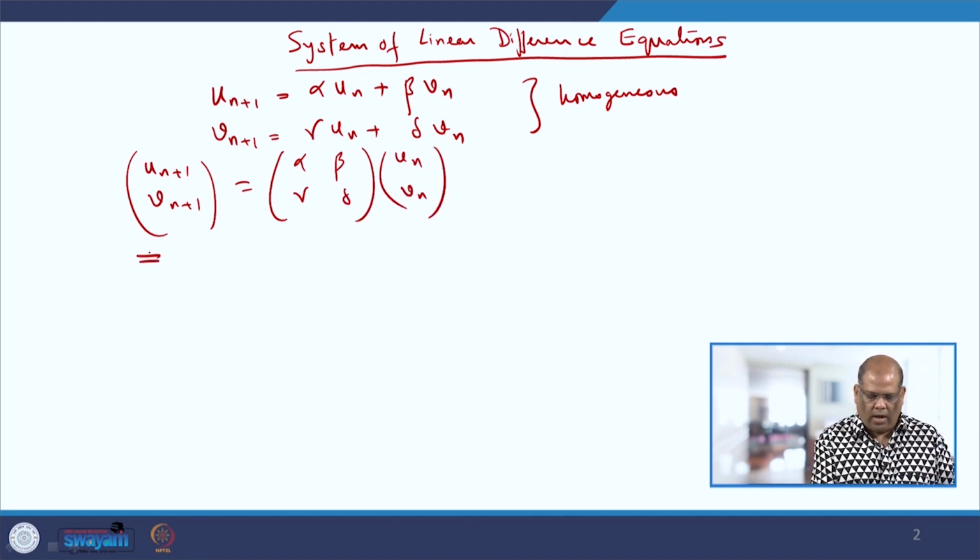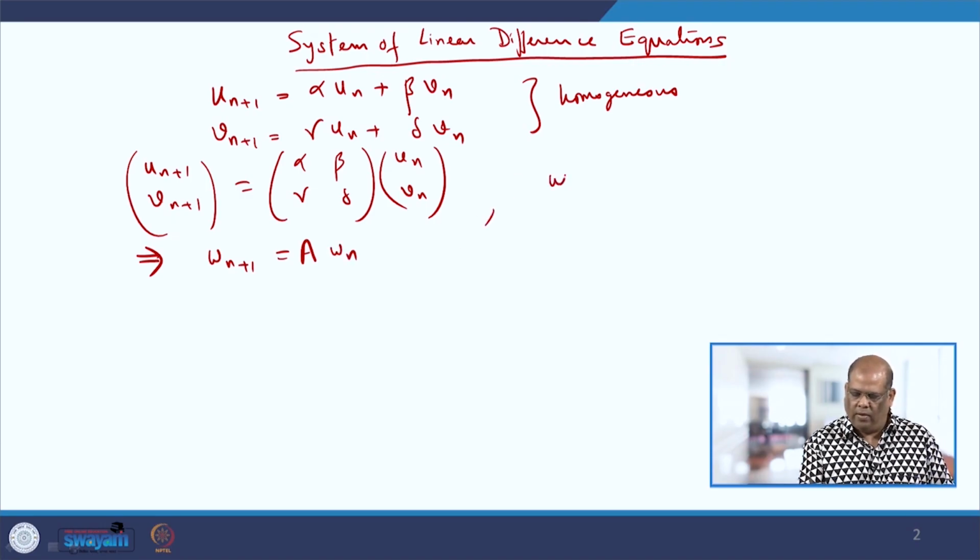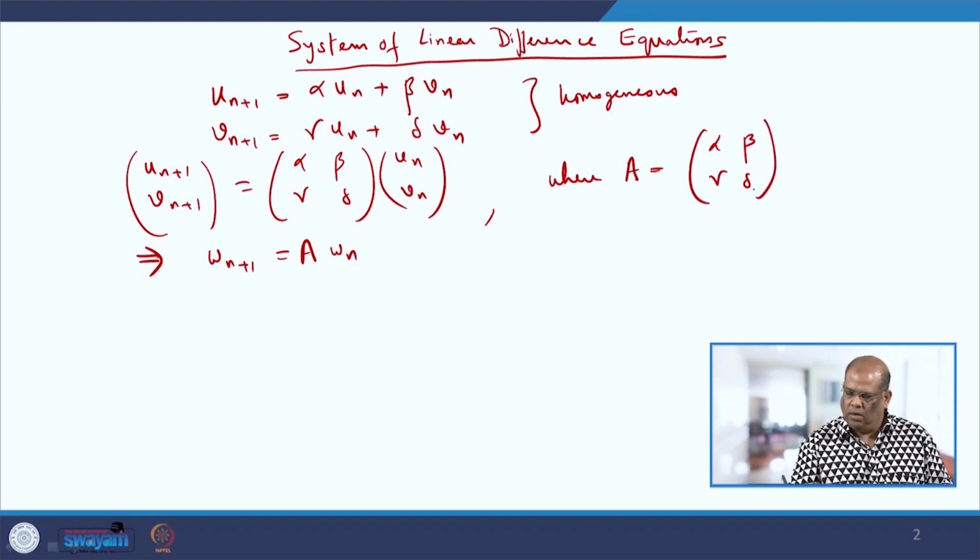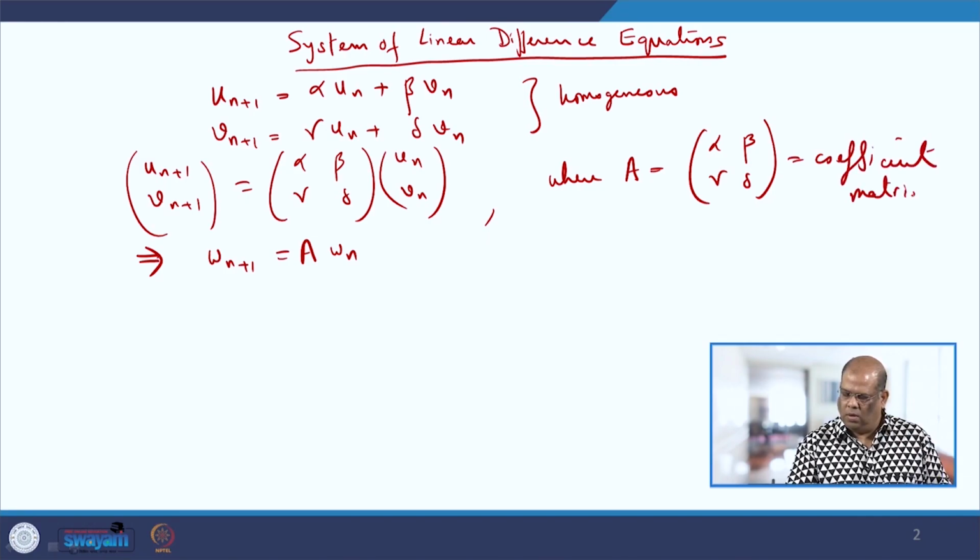So, if I want, I can write it like this, say Wn plus 1 equal to the coefficient matrix A multiplied by Wn, where your A is called the coefficient matrix and your Wn is equal to Un, Vn.